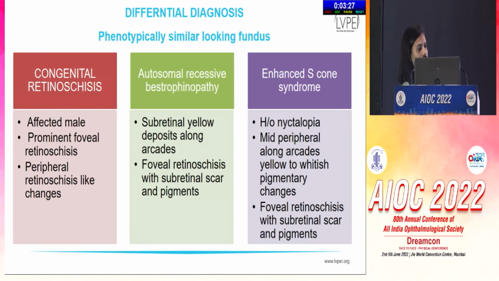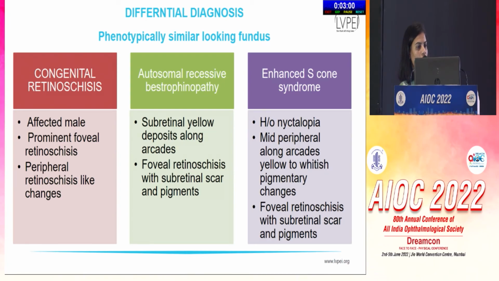Is it congenital retinoschisis, because it affects males, with prominent foveal schisis, and also there can be peripheral retinoschisis-like changes, not exactly like it? The second one over here is autosomal recessive bestrophinopathy because of the subretinal yellow deposits along arcades and foveal retinoschisis. Enhanced S-cone syndrome, because the patient has myopia. There are mid-peripheral yellow to whitish pigmentary changes along arcades, and foveal retinoschisis.